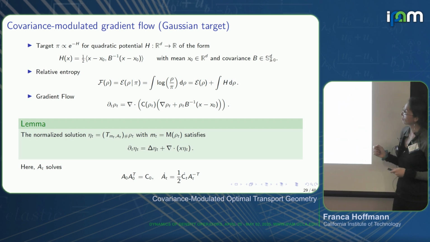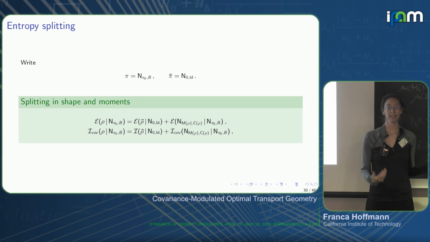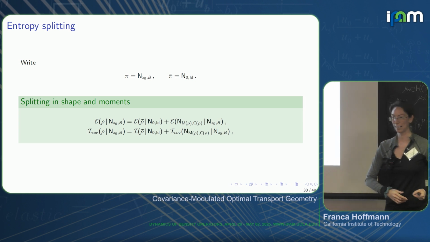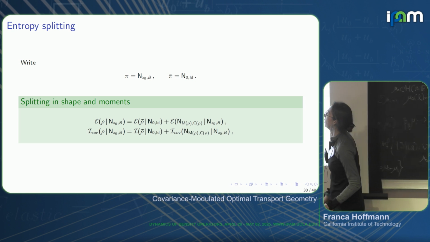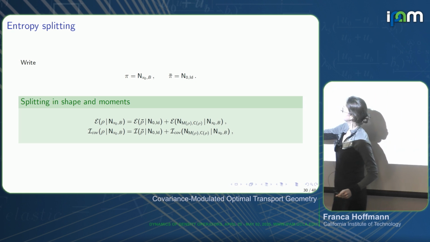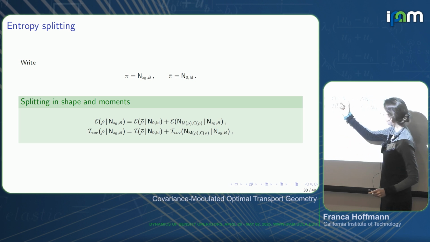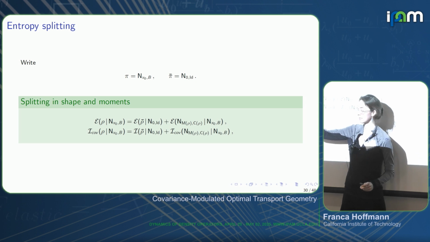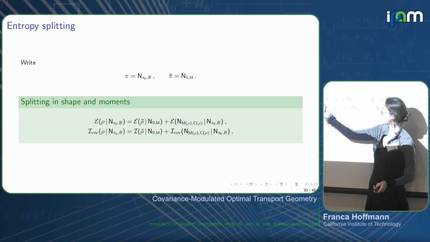That allows us to show some splitting results for the KL divergence and for the Fisher information. In a similar way to the splitting in the definition of the metric, you can write your relative entropy as a shape part. The shape says, if I normalize my target, I just get a standard Gaussian, and I normalize my rho, and I compare these.